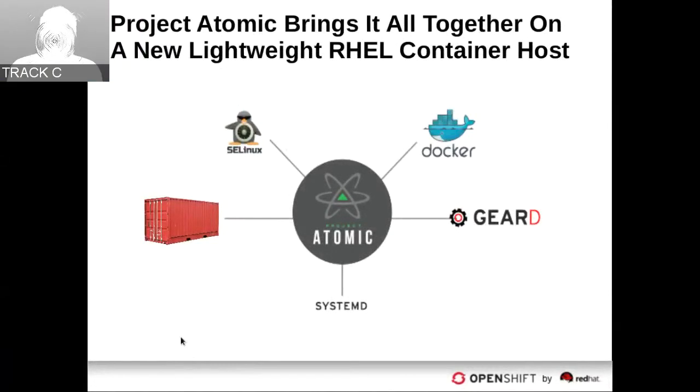So what Project Atomic essentially is, is two things. One is this minimal image. It's the idea of just having the kernel and certain aspects of that being things like systemctl and SELinux.